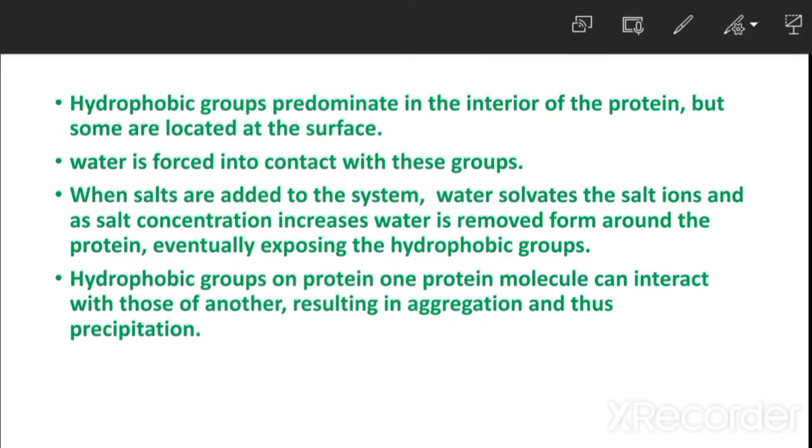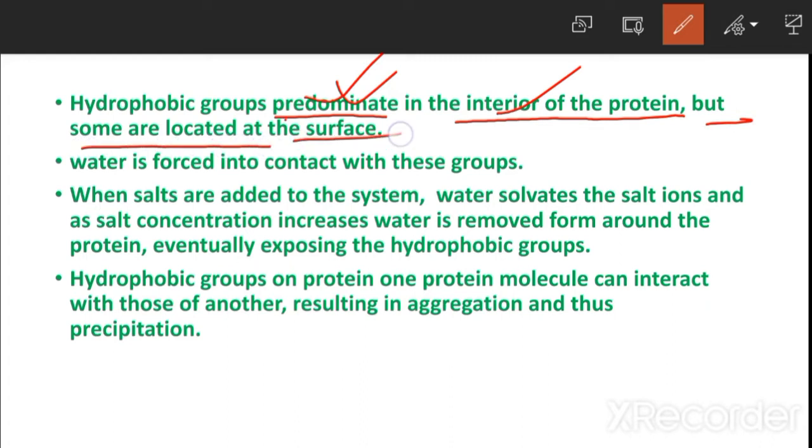Hydrophobic groups are predominant in the interior of the protein, but some are located at the surface. In some conditions they can stay on the surface of the protein.